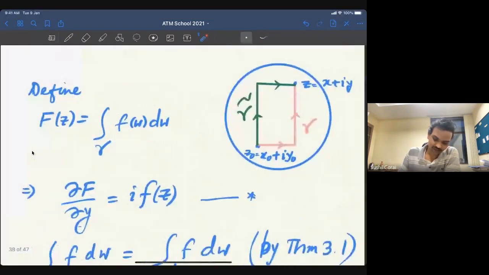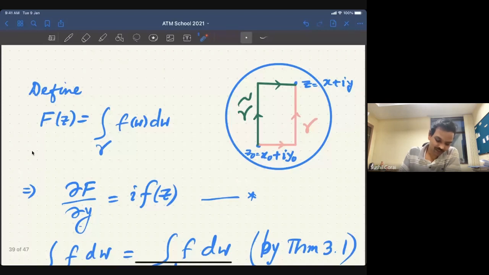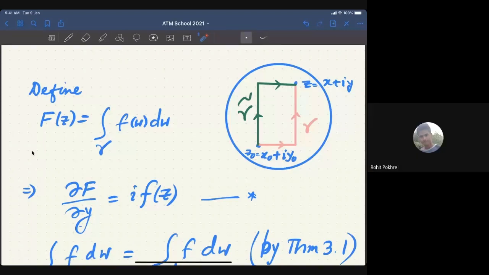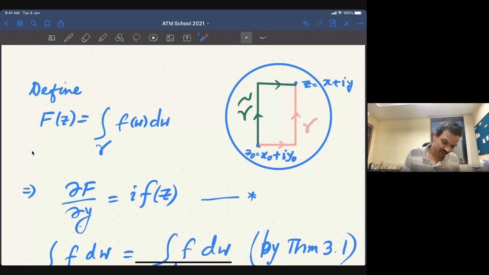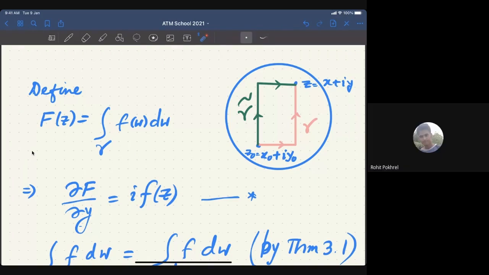If we take it on the boundary, we cannot get it defined. So you actually define this function f on the disk, inside the disk. That would be good enough. Good. Thank you, sir. Okay.